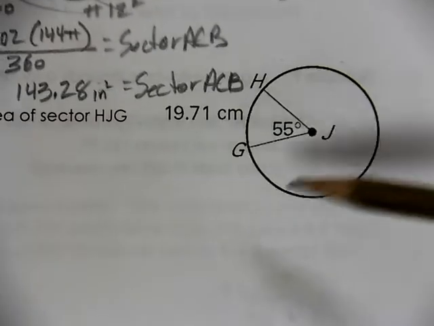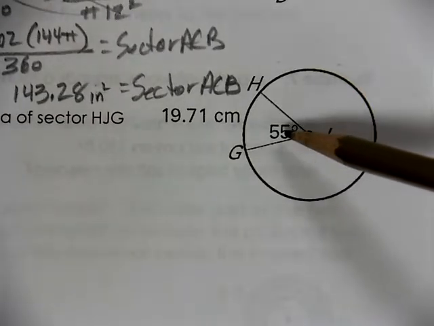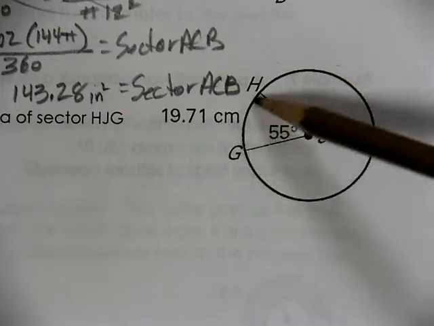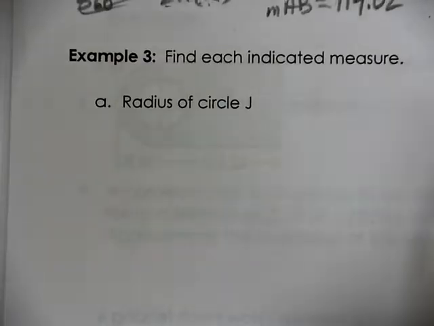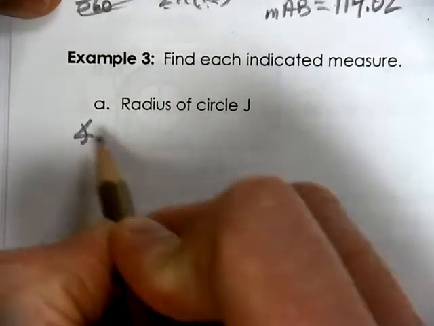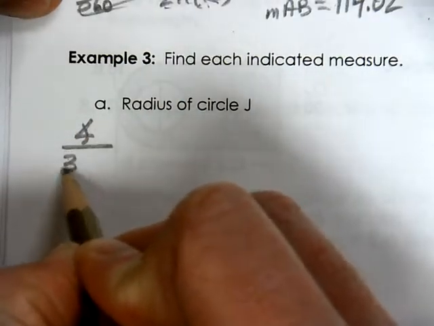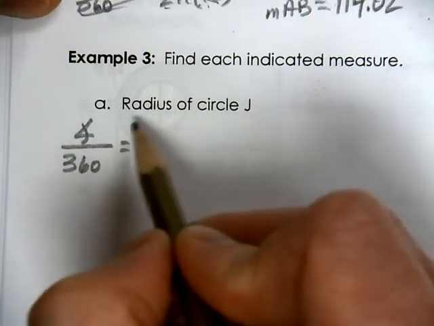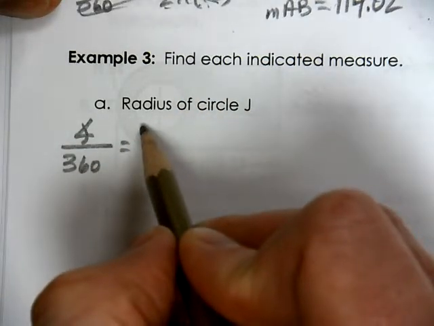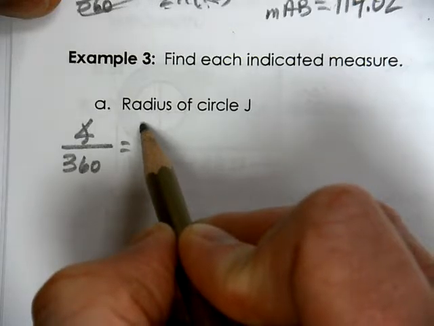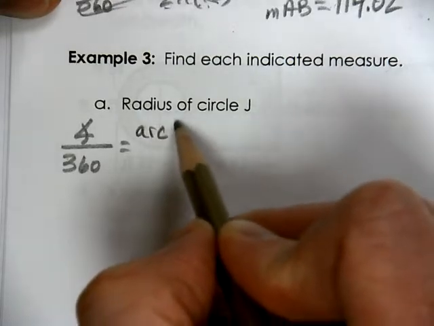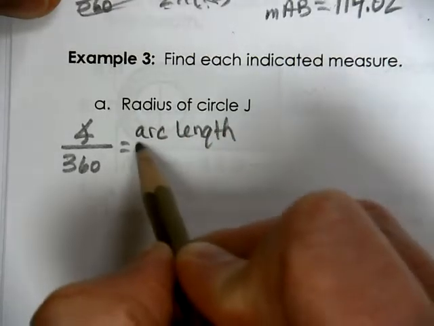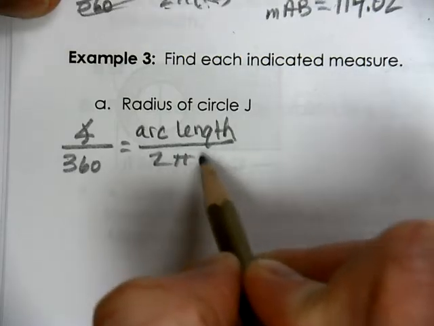Okay, for our next one, we're looking for the radius. We know what the angle is, we know what the arc measure is, we're looking for the radius. So, a radius has to do with circumference, so we're going to use the arc length formula over 2 pi r.